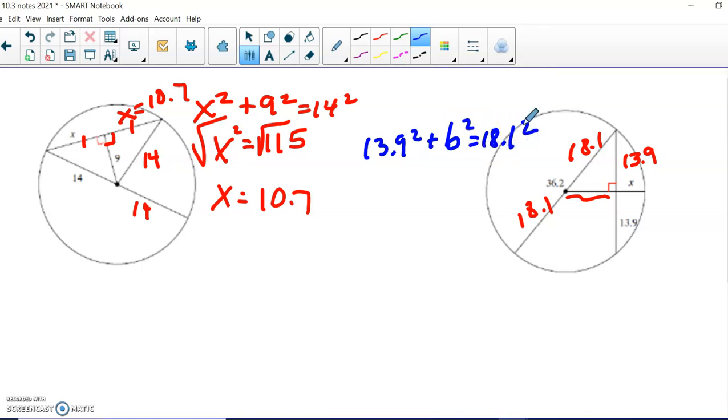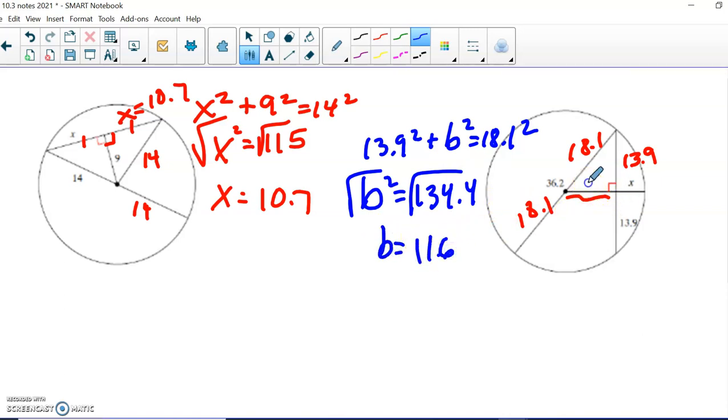So I'm going to take 18.1 squared minus 13.9 squared, and that gives us 134.4. Then we're going to square root that, and it looks like we're looking at about 11.6.